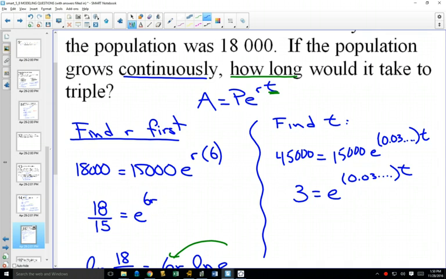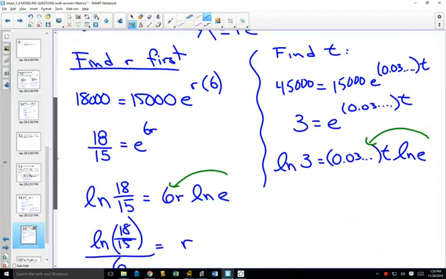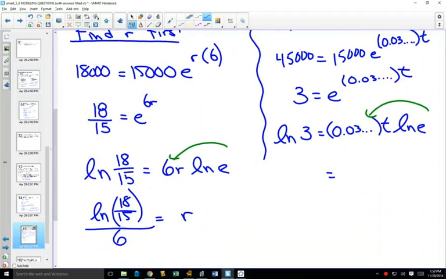You could go, it would be fine if you went 3 equals, because you know how that tripling works, and doubling would be 2 equals. That would be fine. Now we're going to take the natural log of both sides. And again, this exponent could come in front. Natural log of e is 1.